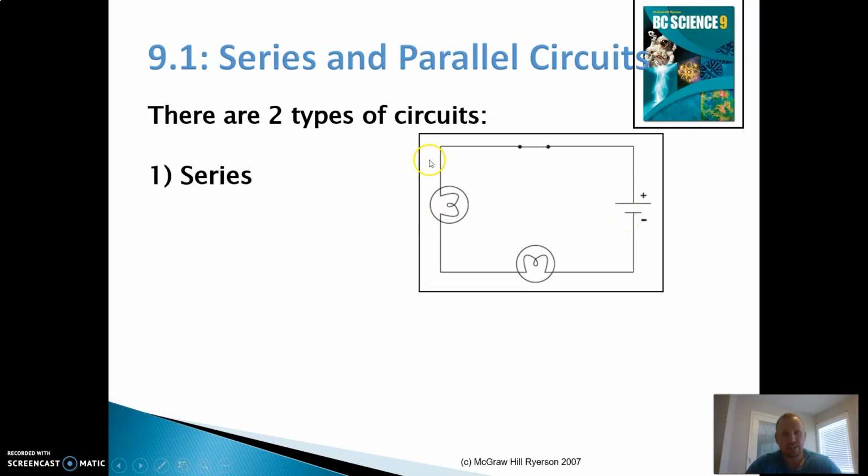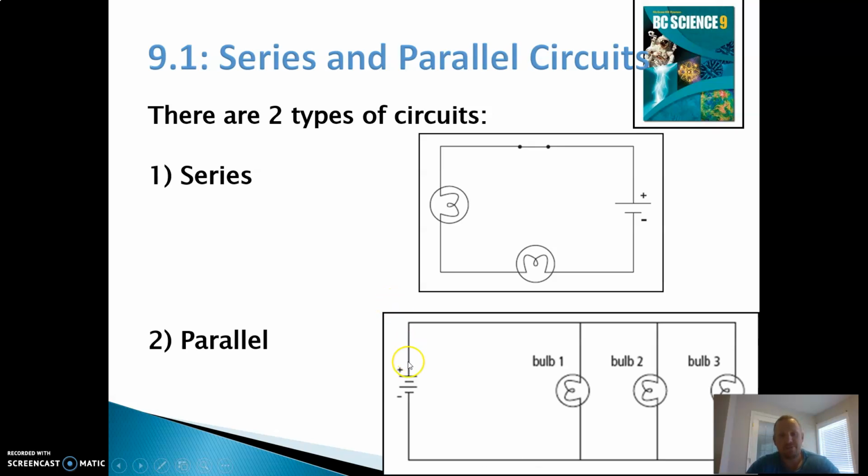So that's series. These are older circuits. You might hear stories of your parents telling you when they were kids and they would put up their Christmas lights, if one light was burnt out, then none of the lights worked. And that's because they used to be a series circuit.